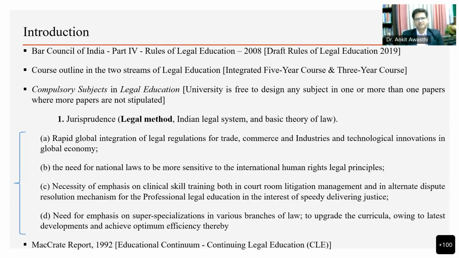However, the opening statement mentioned there gives us liberty to design a course in the name of legal method. That's why in some universities legal method is there in the first semester primarily. In some universities it's a combination with other subjects. In that manner, jurisprudence is offered in the second semester in some universities, in the second year in some, or in the third year in others. So there is no uniformity in this regard.